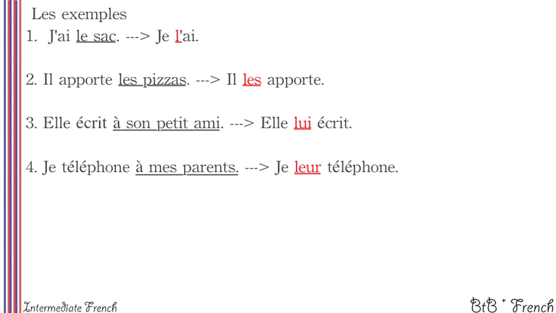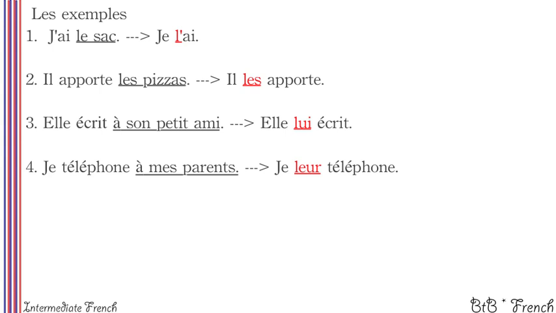La troisième phrase, elle écrit à son petit ami, devient elle lui écrit. She writes to her boyfriend becomes she writes to him. La dernière phrase, je téléphone à mes parents, devient je leur téléphone.